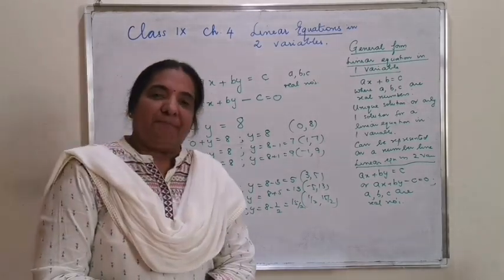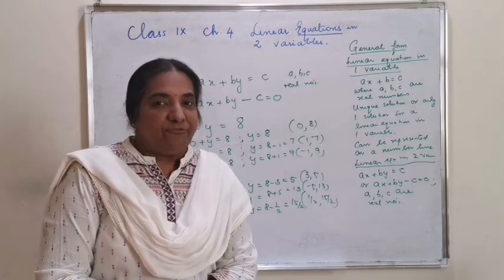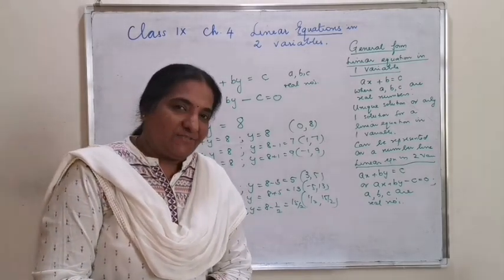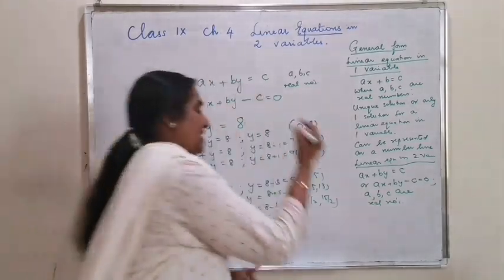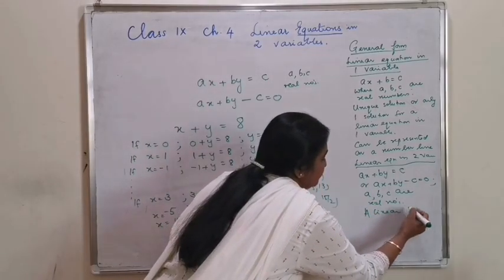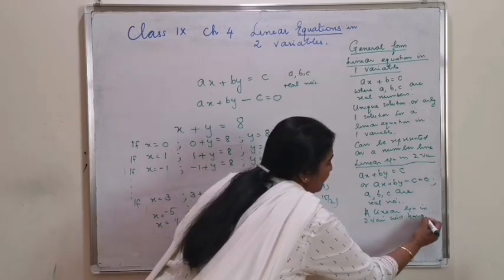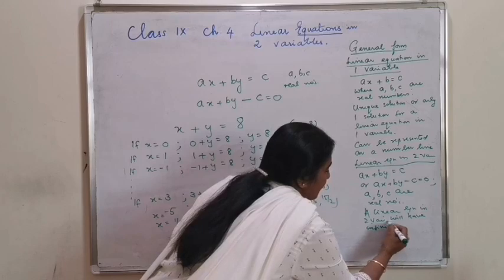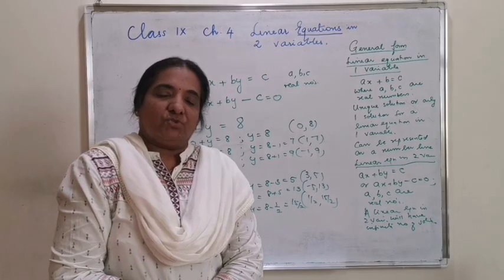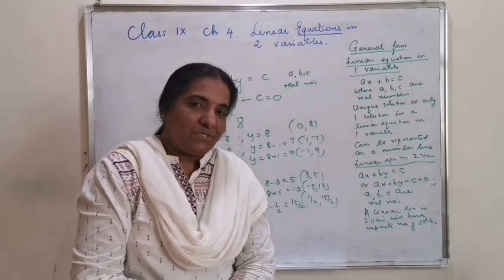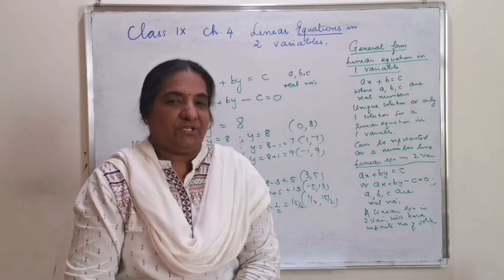So when you take any linear equation in two variables, there are infinite values which will satisfy this equation, and so a linear equation in two variables will have an infinite number of solutions. That means so many pairs of values will satisfy a given linear equation.